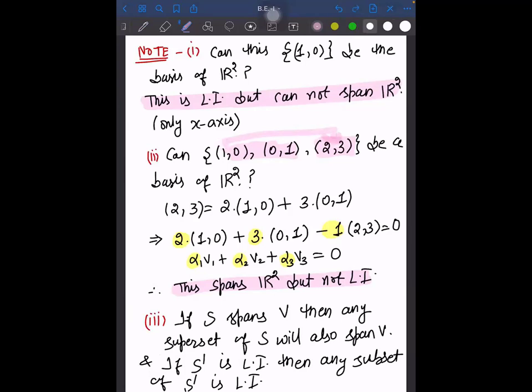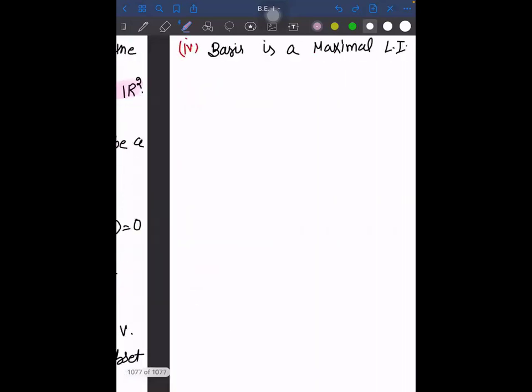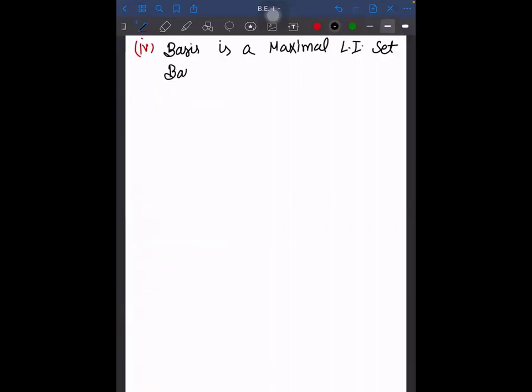Why? Because this crosses the limit of maximal Li in a particular vector space. So in this vector space, the maximal Li set can have only two elements. Or we can also say that a basis is a minimal generating set or spanning set, right? So always keep in mind your basis is a maximal Li set.